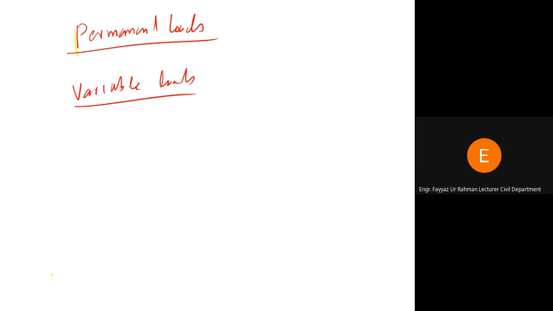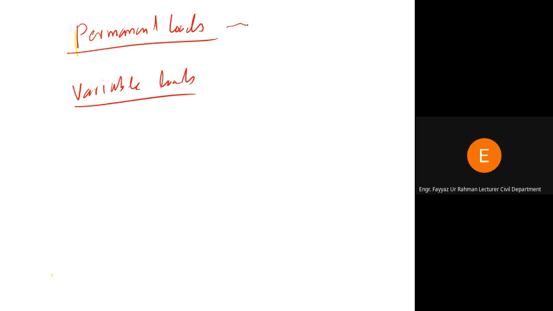One is called permanent loads, which will act on the structure for a very long time, or will be there all the time. And variable loads, which will act for a specific period of time on the structure.